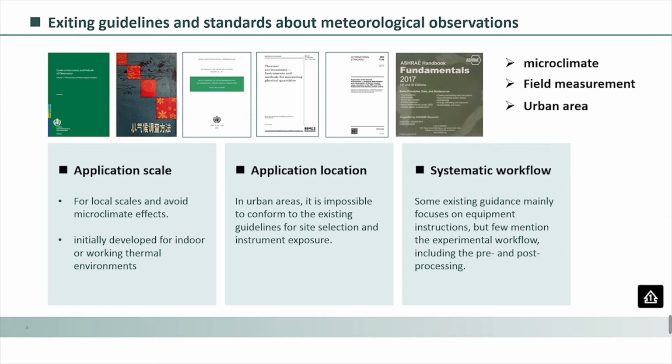Currently, the previous meteorological observation guidelines are focused on the standard climate stations. So they focus on the local scale but avoid the microclimate effect. And some standards are initially developed for indoor or working thermal environment, such as the ISO 7726 standard and the ASHRAE handbook.